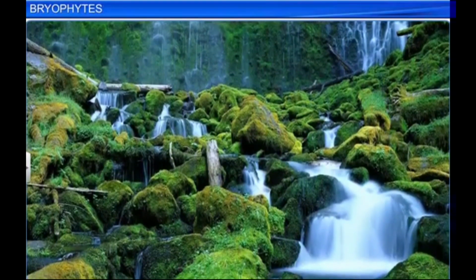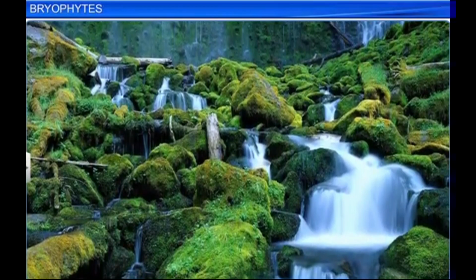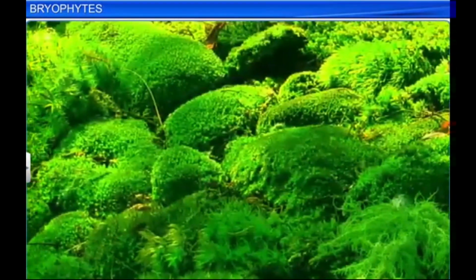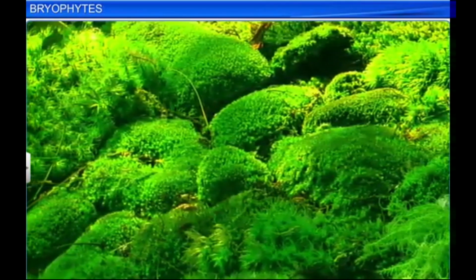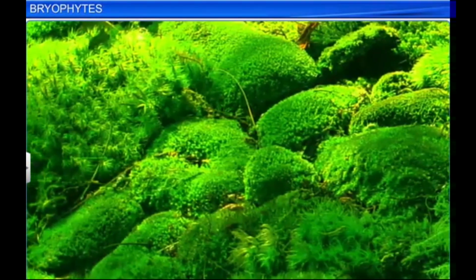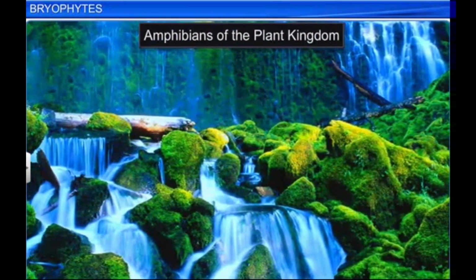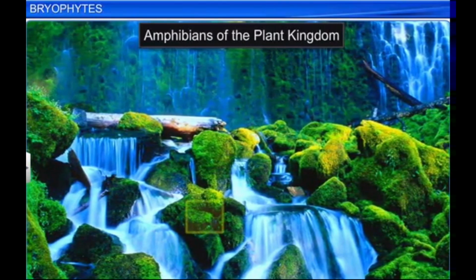This green cover is nothing but moss, which is a type of bryophyte. Bryophytes are plants that usually grow in damp, humid and shaded localities. They are also called amphibians of the plant kingdom because though bryophytes grow in soil, they need a moist habitat for sexual reproduction.